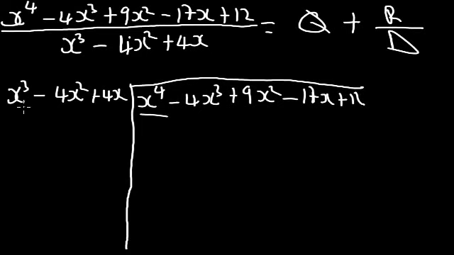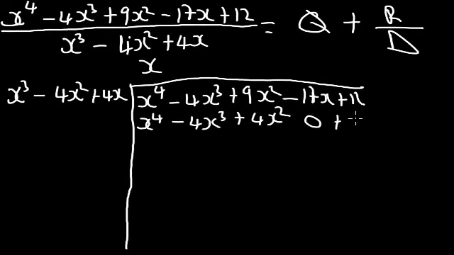Divide x to the power of 4 all by x to the power of 3. That will be x. Then you multiply all through. x times x to the power of 3, that's x to the power of 4. x times negative 4x squared, that's negative 4x cubed. Then x times positive 4x, that's positive 4x squared. No more term left, we can put 0 plus 0.